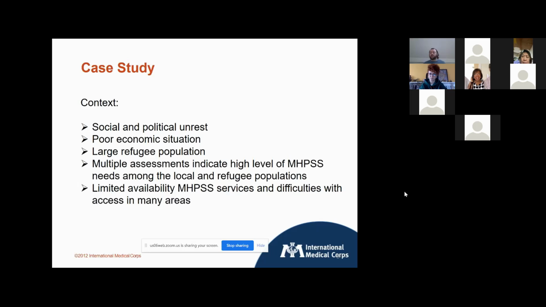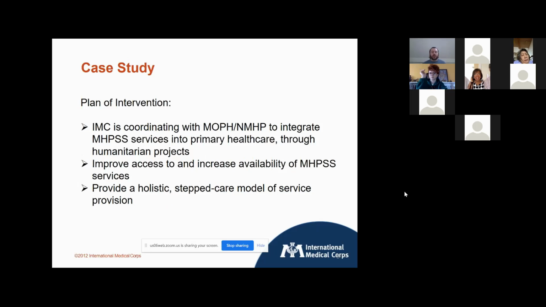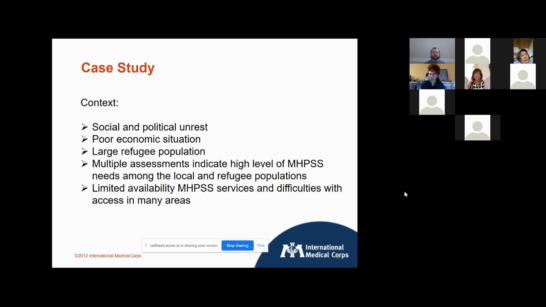The needs vary from people in need of more specialized services, community level projects, integration of MHPSS into primary healthcare, community centers, different types of community settings, as well as additional emergency response measures. For example, the Beirut port blast, which occurred 2 years ago, also required a separate MHPSS intervention, due to the numbers of people who were affected by it and needed support and care in the aftermath also.